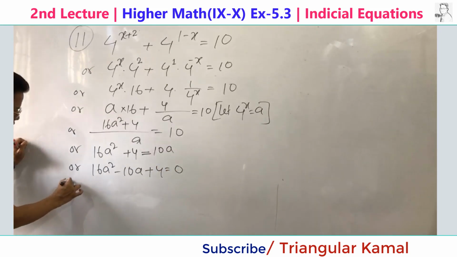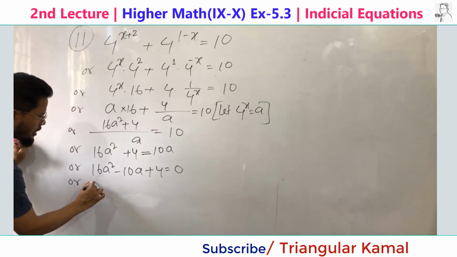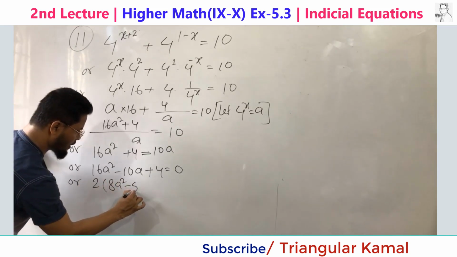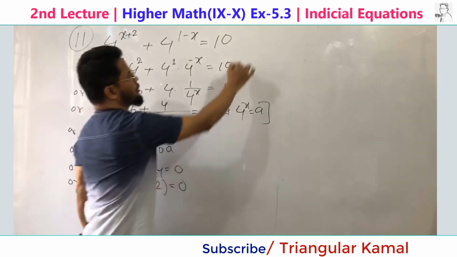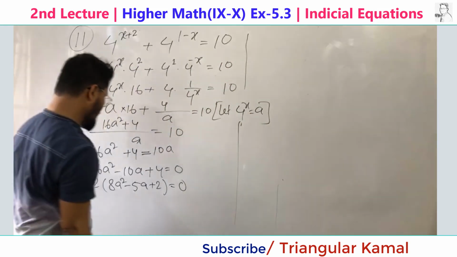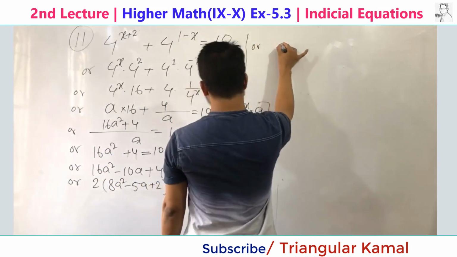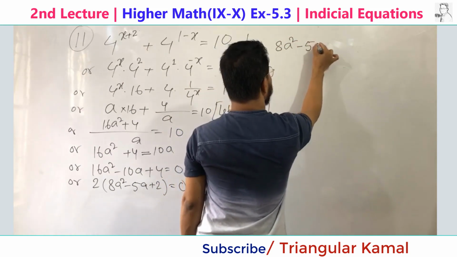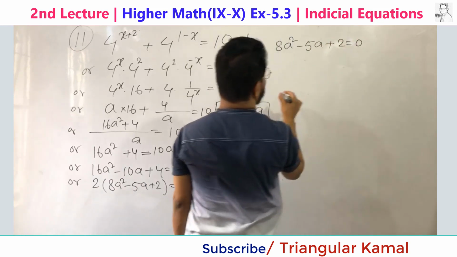You can take 2 as a common factor. So 8a square minus 5a plus 2 equals 0. So dear students, divided by 2 you will get 8a square minus 5 times a plus 2 equals 0.